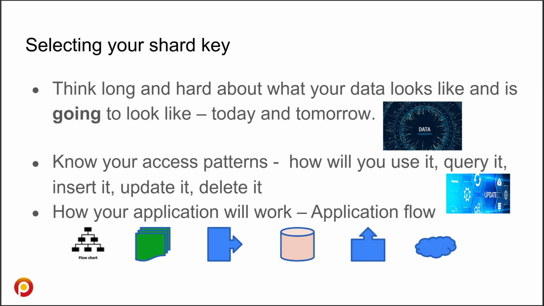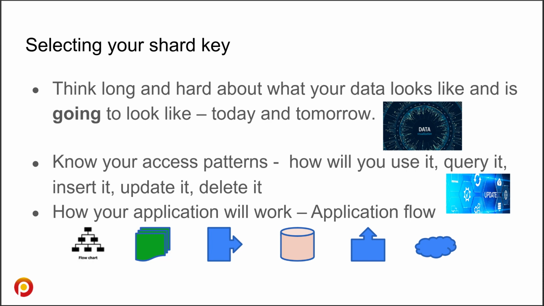Working closely with your development teams and your architecture teams to understand what they're planning for will really help you here. Knowing your access patterns, how your development teams are going to use it, how they're going to query it, insert to it, update it, delete it. All those are going to help you pick a shard key that's going to make those operations as painless as possible.